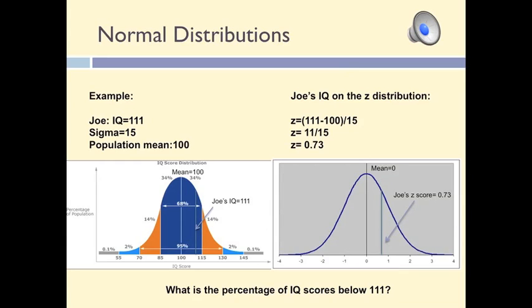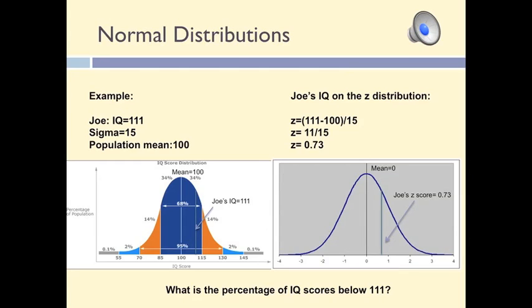Instead of the mean of 100, we now have a mean of 0 and a standard deviation of 1 instead of 15. Therefore, values below the mean or on the left side of the mean are negative, and values on the right side are positive. An individual with an IQ of, say, 111 will be located in the exact same point on the curve in both cases because the score represents the same thing, only the scale is different.